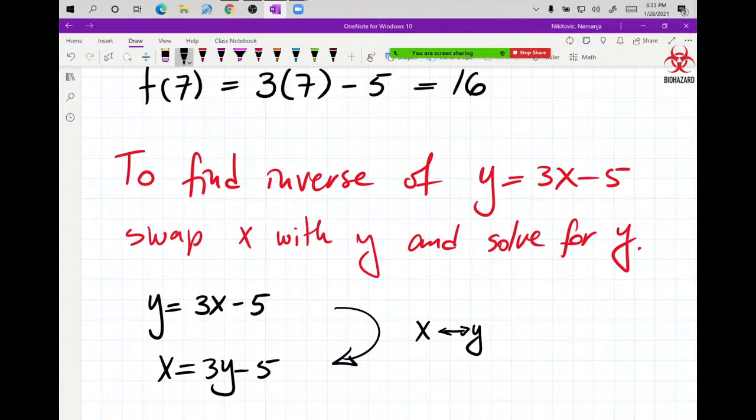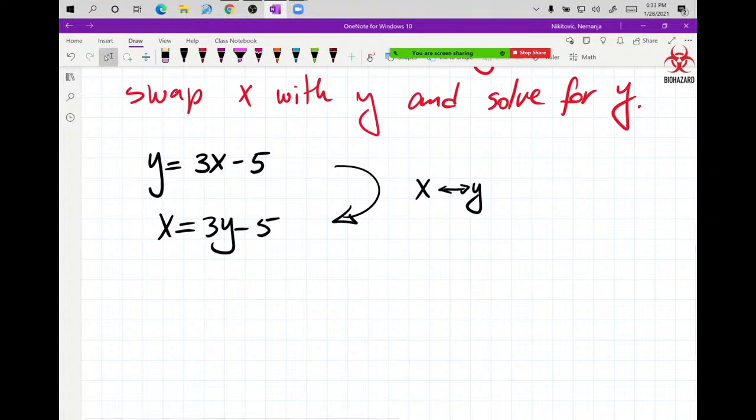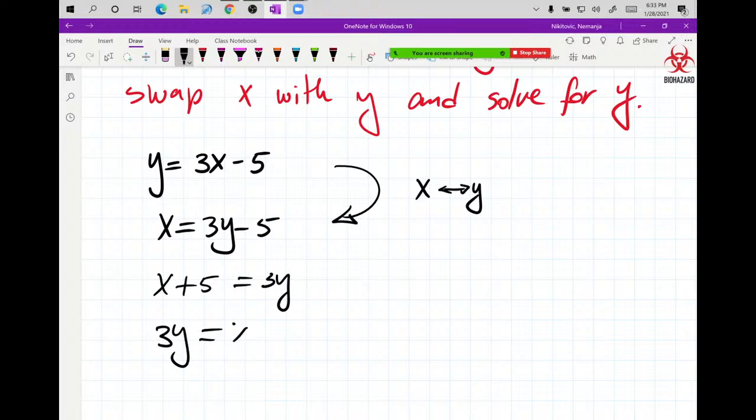Do we all see what happened? I switched domain and range. As a result, I now have this equation, which I need to solve for y. So move 5 over, swap the sides, divide by 3.